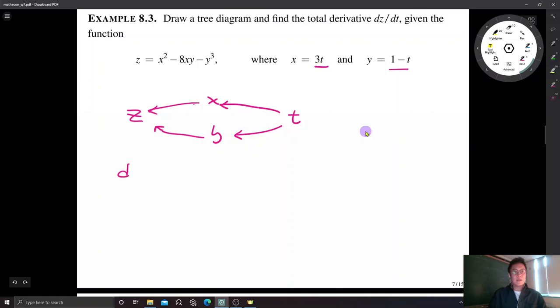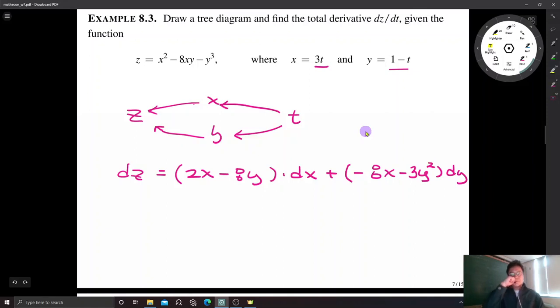So the total differential dz is f sub x, that is 2x minus 8y, times dx, and f sub y, 3y squared, times dy. Okay, and then we are looking for dz over dt, so we divide both sides by dt, then we obtain this one.